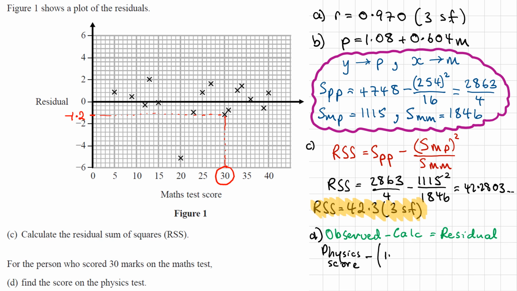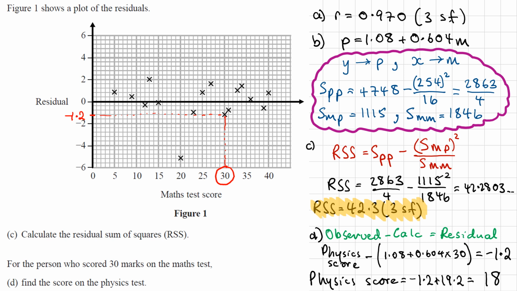So that'll be 1.08 plus 0.604 times 30, and that's going to equal the residual, which is negative 1.2. So basically, we just want to rearrange this to work out what their actual physics score was. That's just going to be negative 1.2 plus the result of this calculation. So that will give us negative 1.2 plus 19.2, which will give us a score of 18.